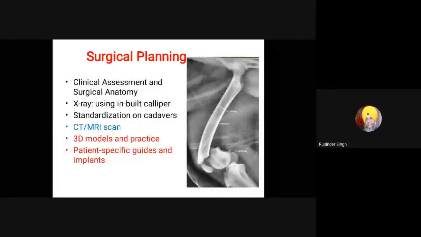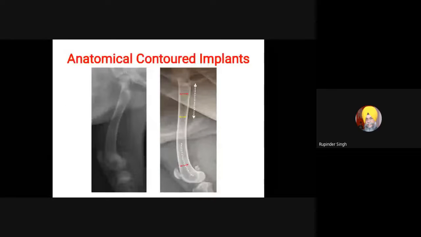Even in other countries, these technologies are used in animals. So this is a typical example where we can use this 3D technology for printing of implants.